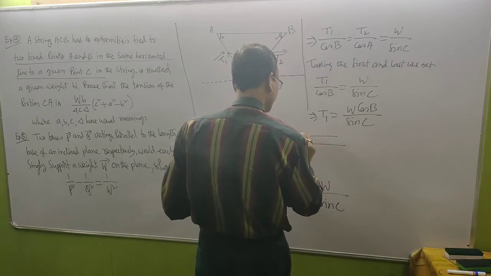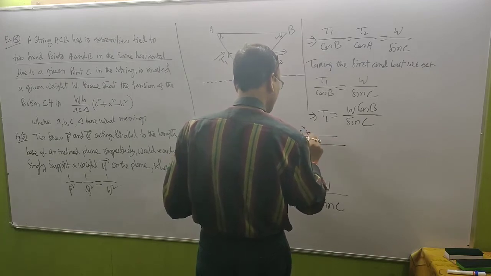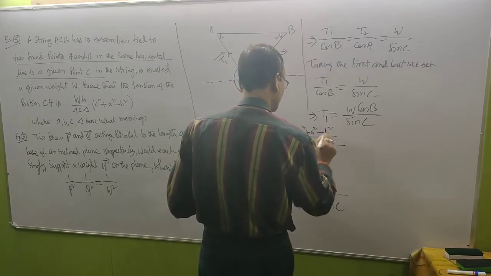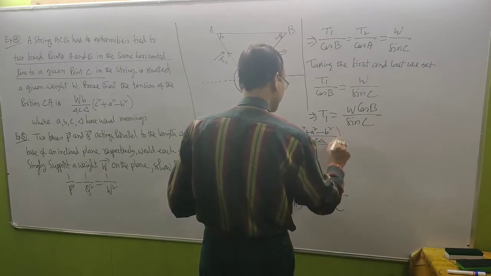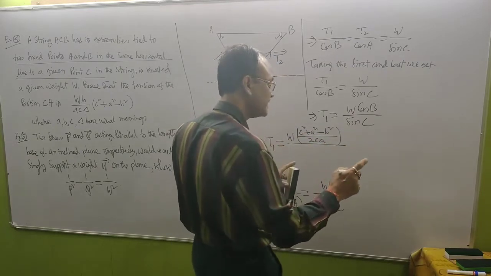What is cos B? It is C square plus A square minus B square divided by twice CA. What is sin C?